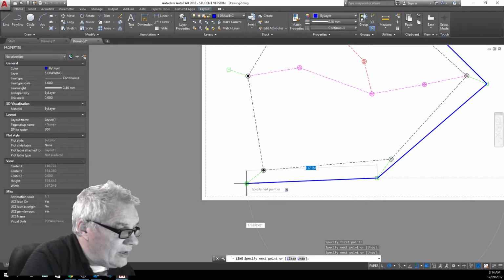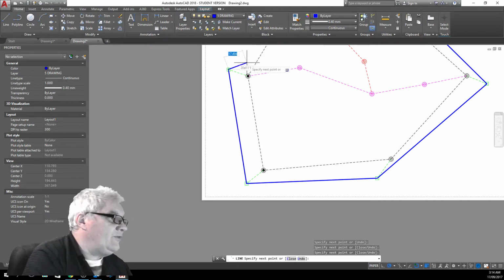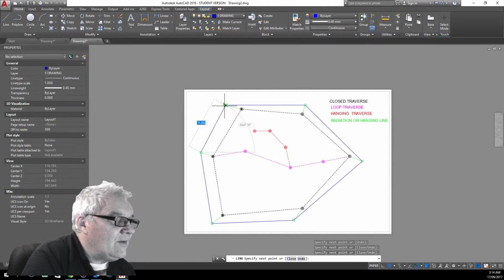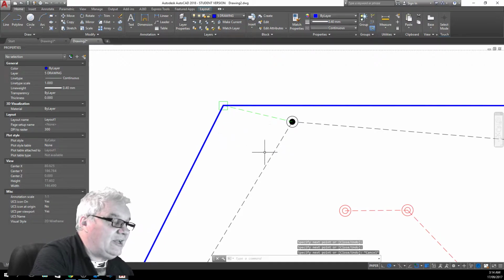Sometimes they're called inverses or joins. There's a number of ways of calculating them.